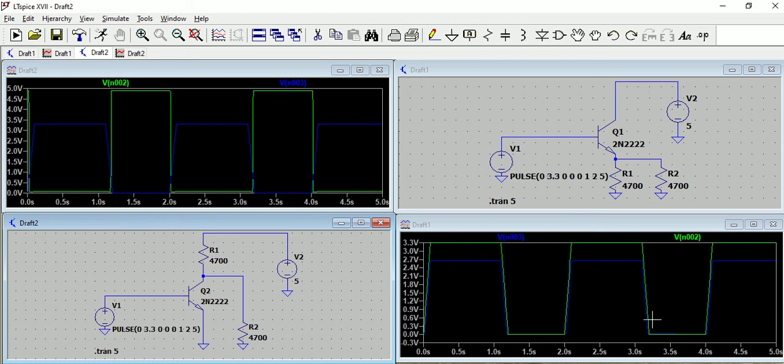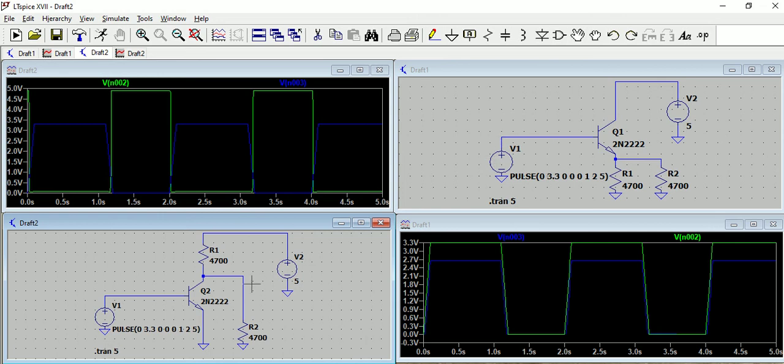So the output is an exact replica of the input with the voltage drop seen across that line, right? One more important point is that there is very little loading on the input.